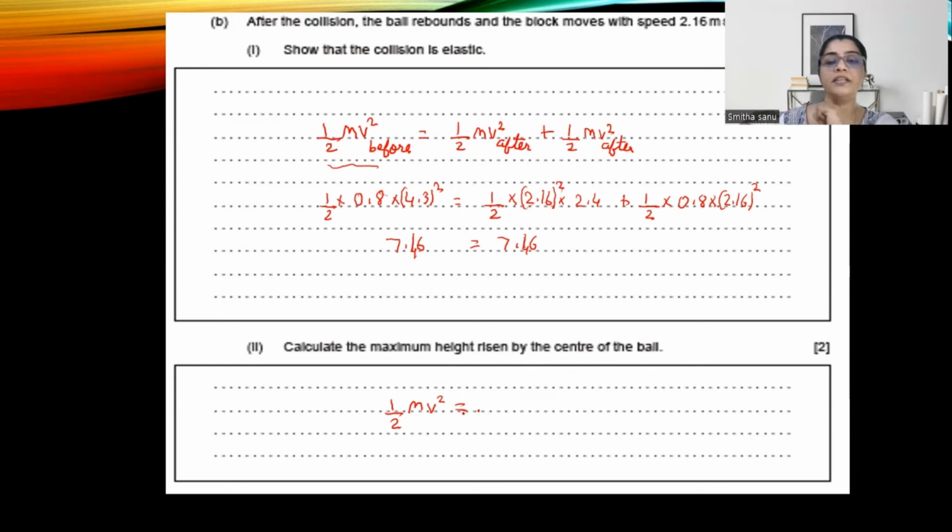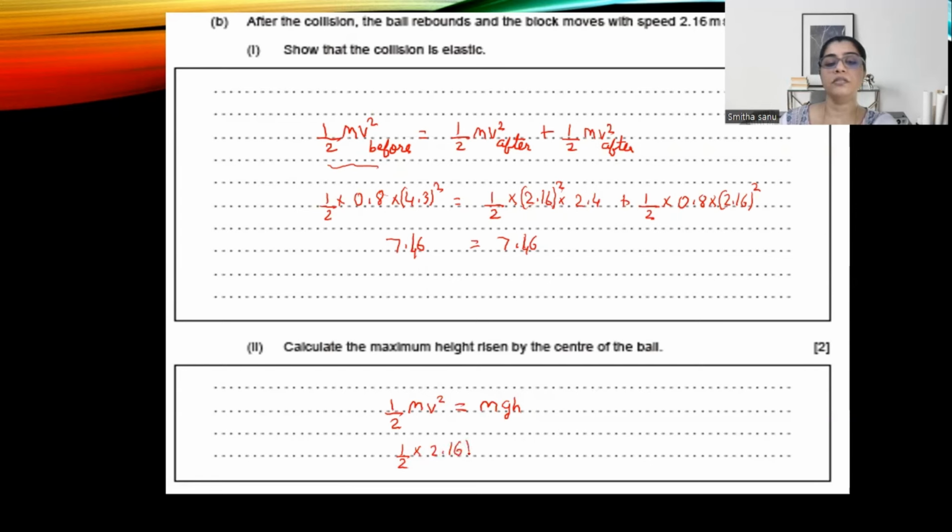After it has hit the block, during the rebound, kinetic energy is getting converted to potential energy for the ball. Kinetic energy after the collision, the rebound energy was 2.16 square.